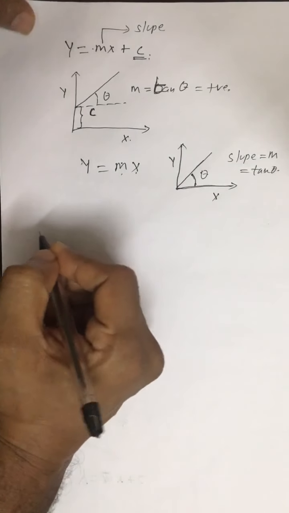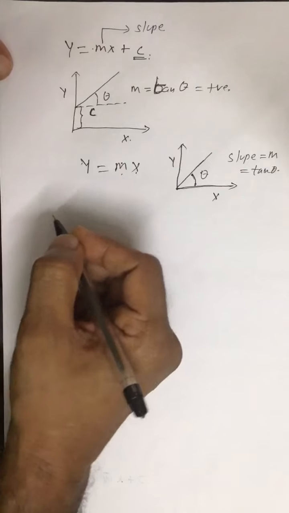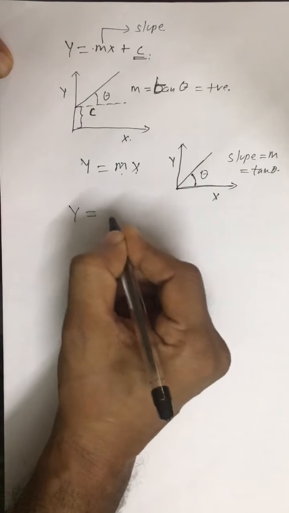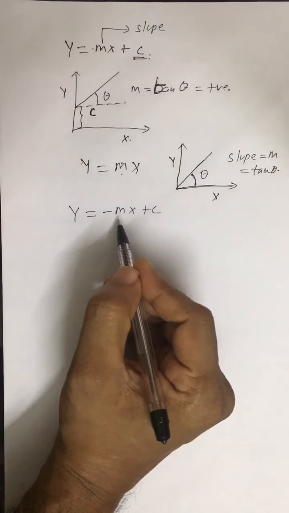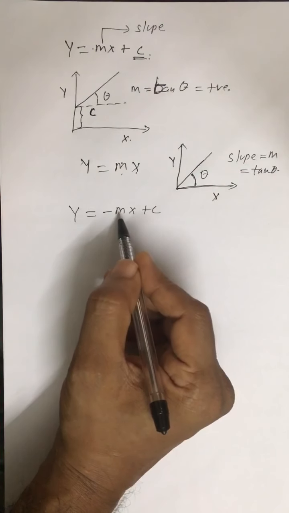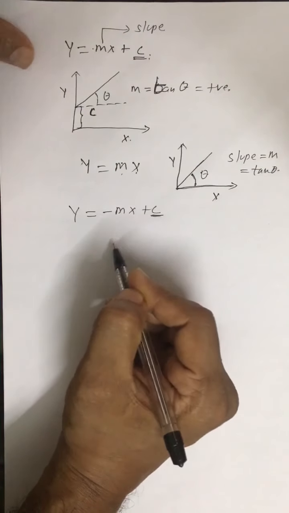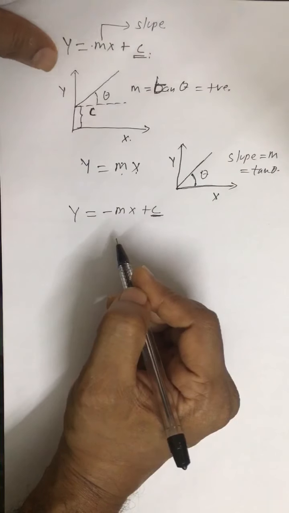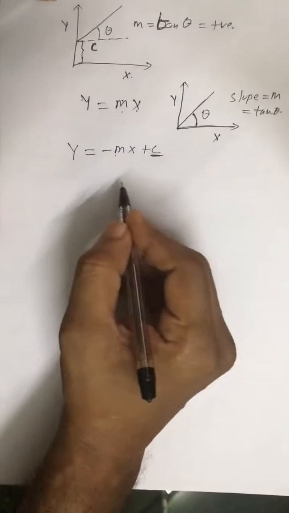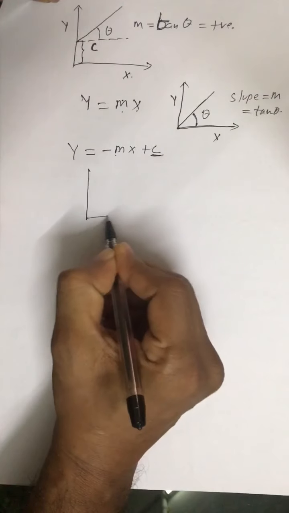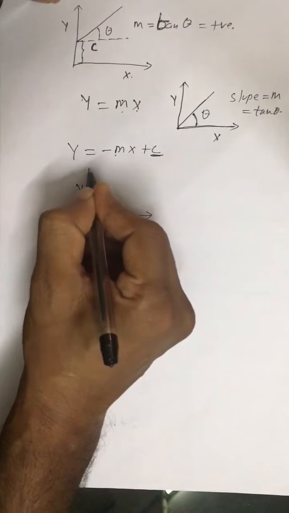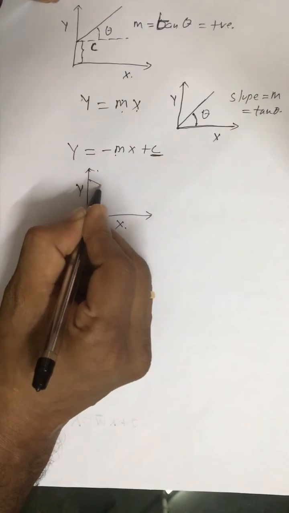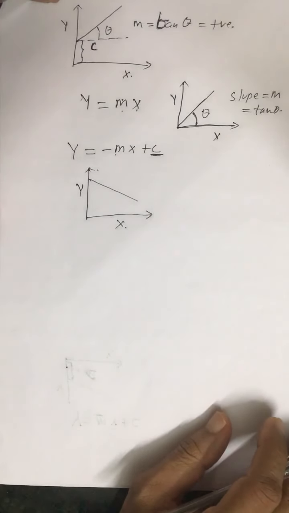Now see, if the graph is like y equal to minus mx plus c, that means the slope is now a negative slope, but the intercept is positive. If you draw a graph between y and x, you get this kind of straight line graph.